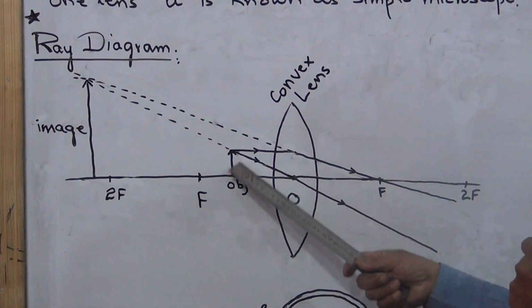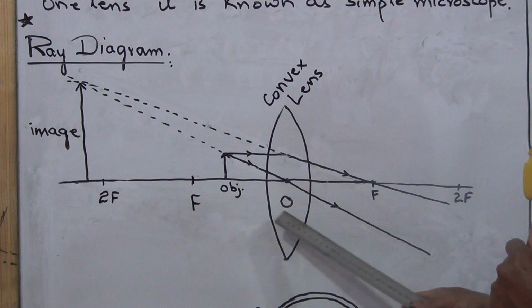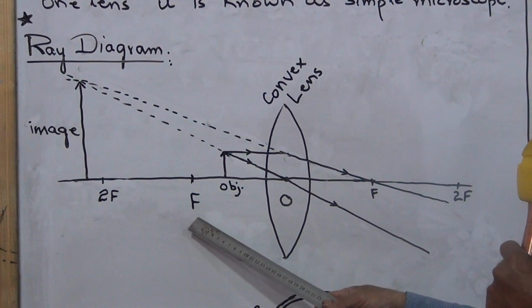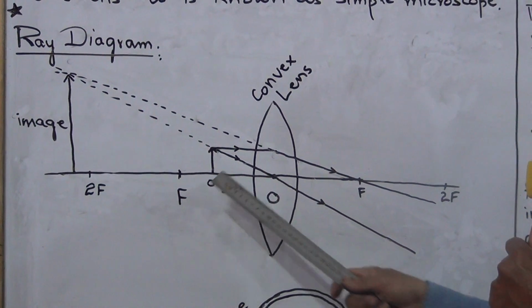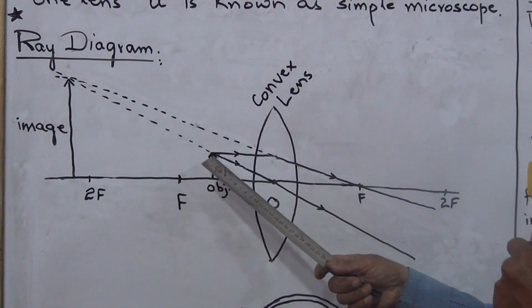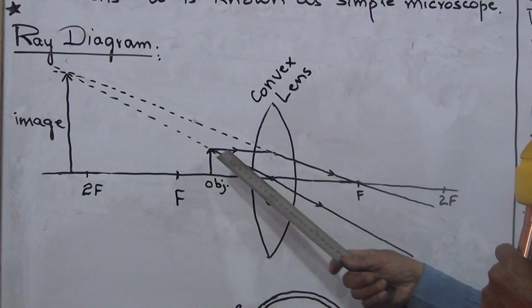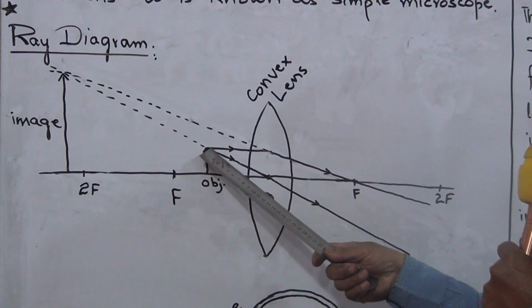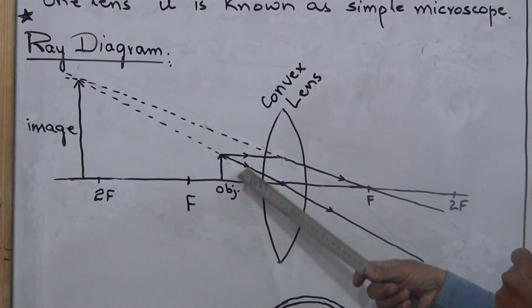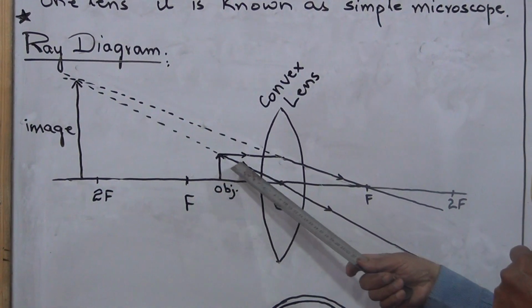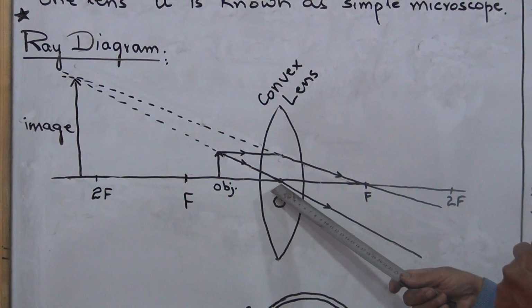So the object is placed between F and O, focal point and optical center, or within the focal length. We will take two rays of light from the object. One ray parallel to the principal axis according to the rules, and the other ray passing through the optical center.